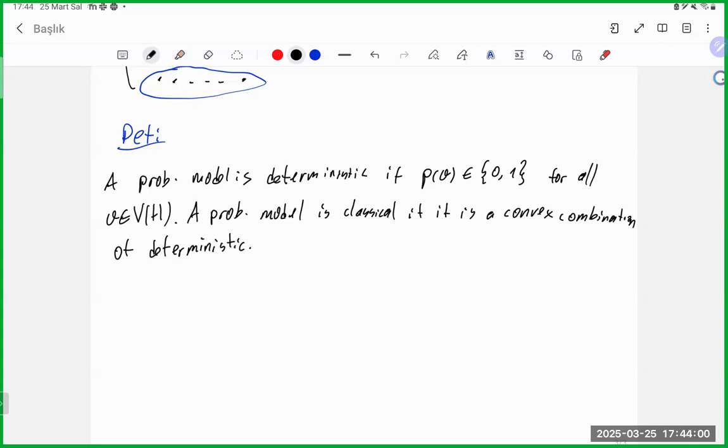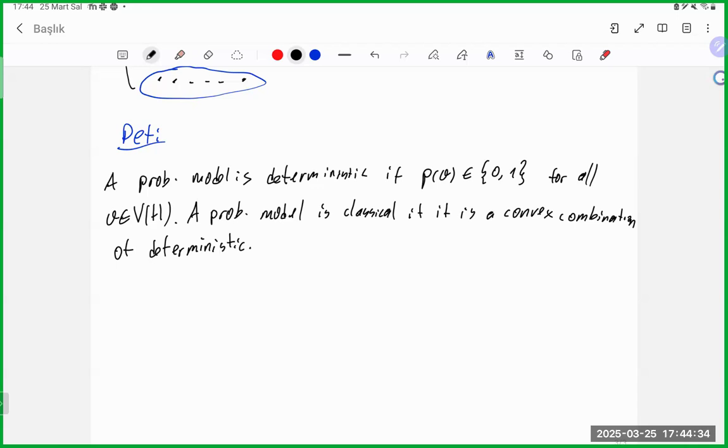This definition makes sense because, as the name gives itself, if something is deterministic, we know with certainty that one of the outcomes will be measured, and the other possible outcomes we should not measure. A deterministic probability distribution is something like that.